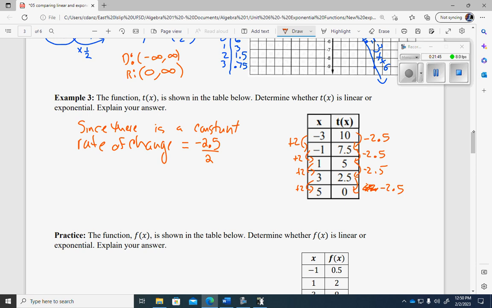It's negative 2.5 over 2. Negative 2.5 divided by 2 is negative 1.25. So the rate of change is negative 1.25. Since there is a constant rate of change equal to that, this is a linear function.